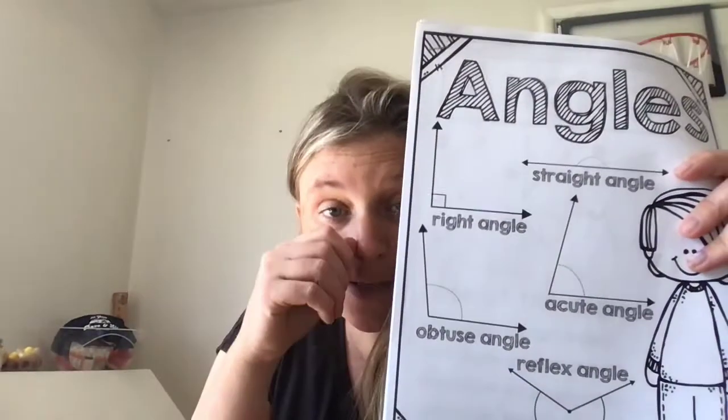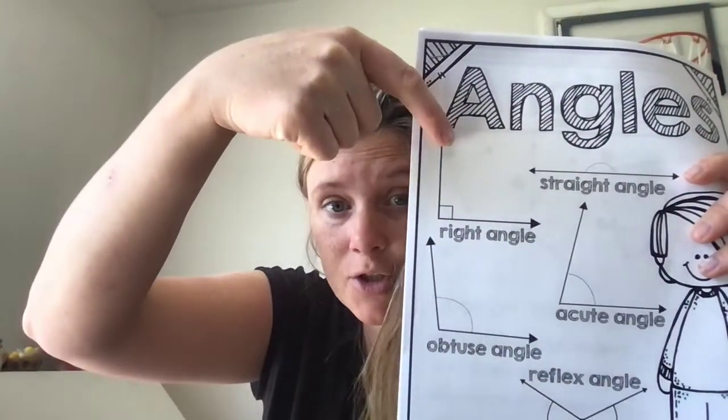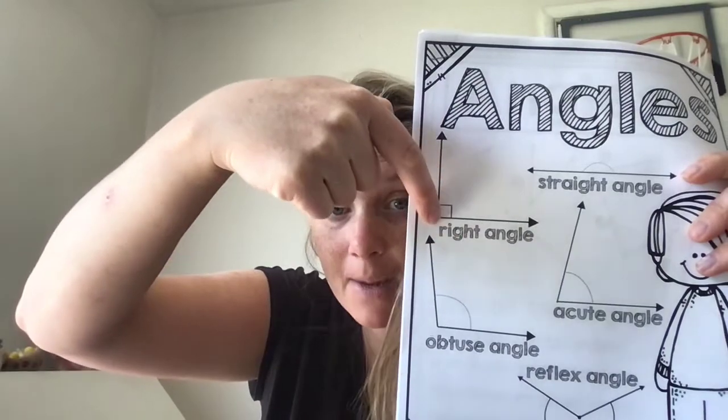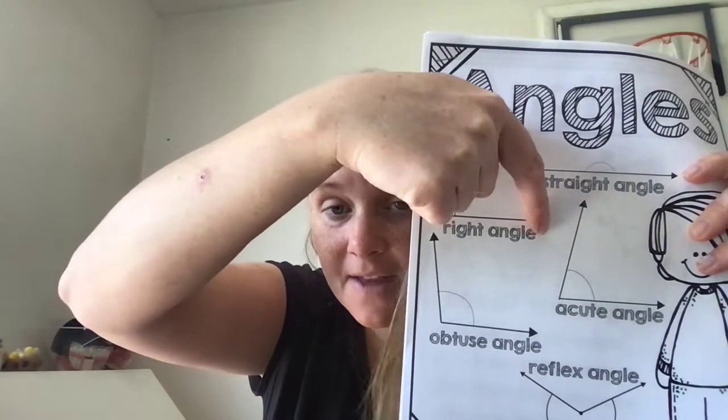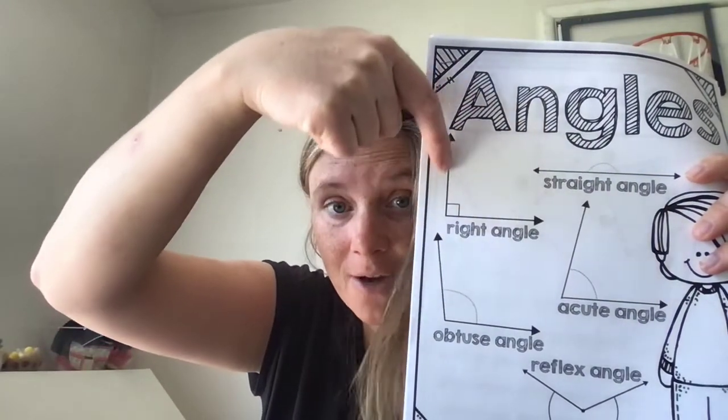Okay, we're gonna look at angles today. Let's look just on the very front. Okay, this is an angle, when two lines meet up at a point. This is an angle. There's an angle.